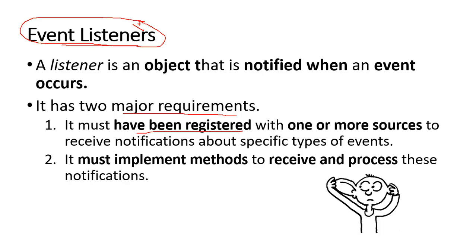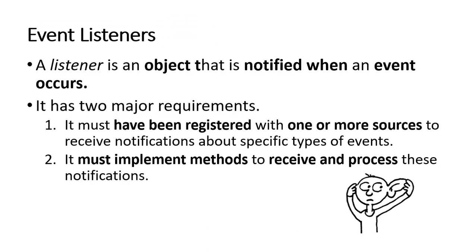Unless this event listener is registered with the source, nothing will happen with that particular event listener. Just creating an event listener does not mean that it will start listening. It will listen only to those events from only those sources with which it has registered.